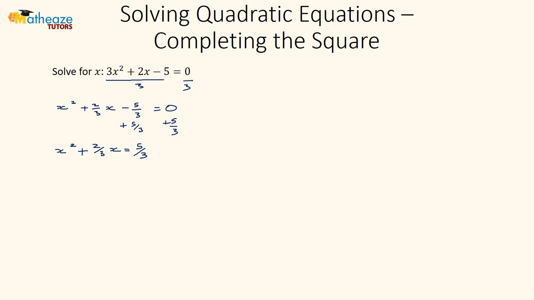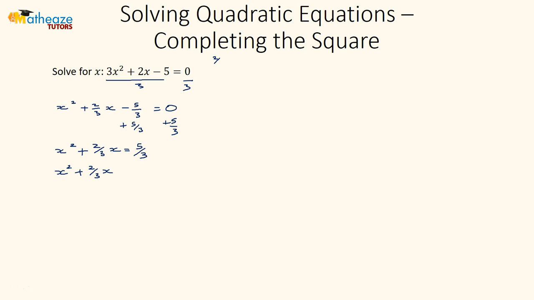Now we need to add a term to the left hand side to make it a perfect square, and then add the same term to the right hand side. So we have x squared plus 2 over 3x, and the value we add is the square of the coefficient of x divided by 2. So the coefficient of x is 2/3.